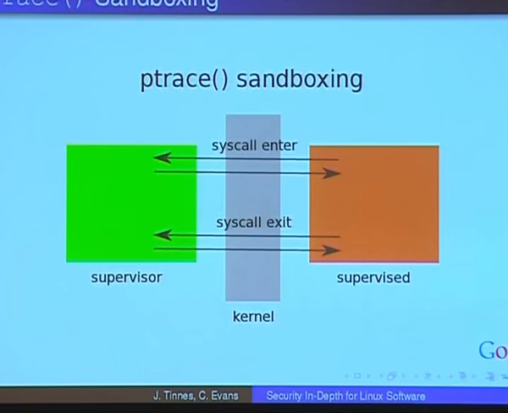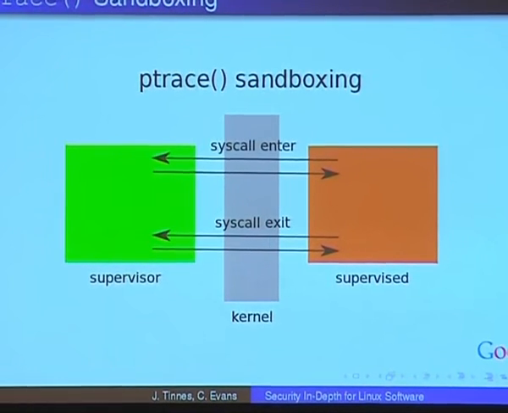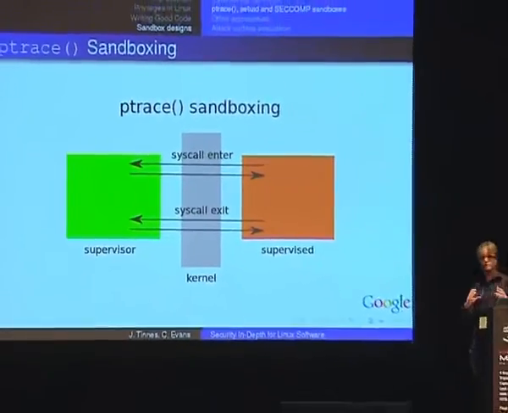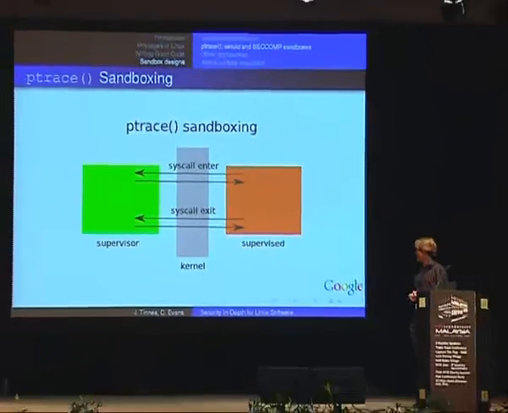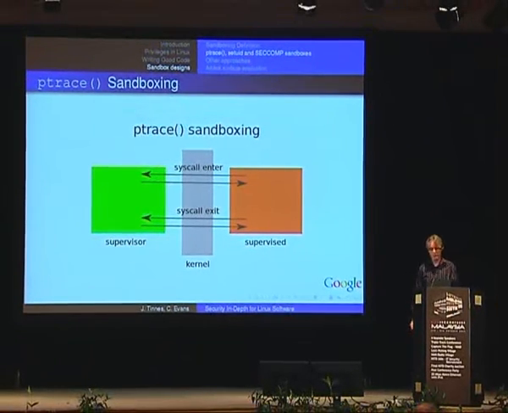So how it works is you have a process, the untrusted FTP process, which is called the supervised process, and the kernel mediates access to system calls and hands off attempts to this supervisor process, which is trusted, and on a per syscall basis is authorized to make a decision on whether it's going to allow the syscall or not.